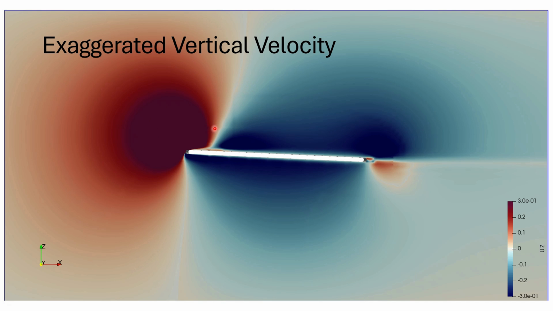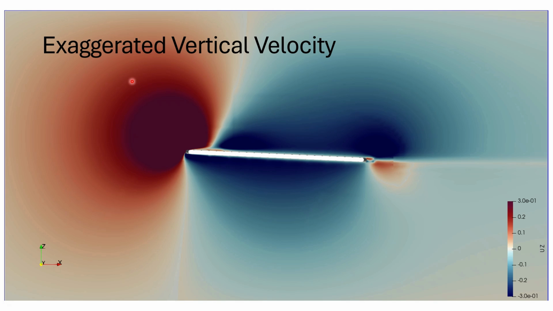And then this white line here, this is where the peak of that flow curvature is going from up and then over to down. The bluer is downward flow. You can see the wake behind it. You can see where the peak of that curvature is down below the airfoil. And you can see that the velocity extends pretty much to the upper and lower bounds of our simulation.